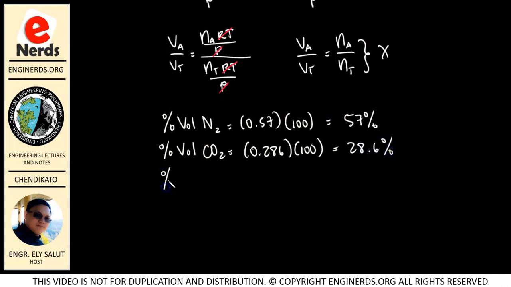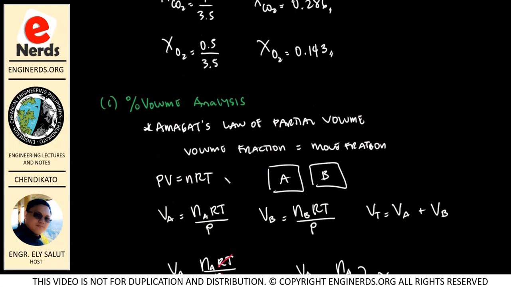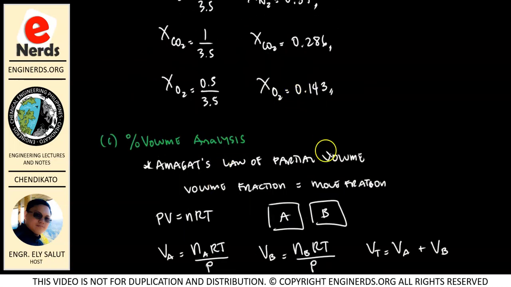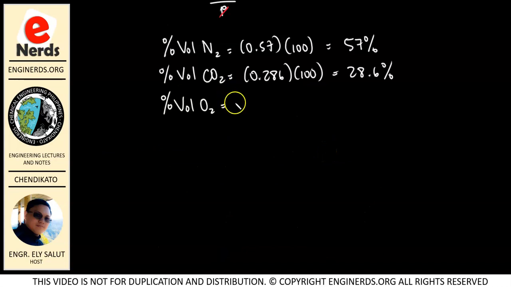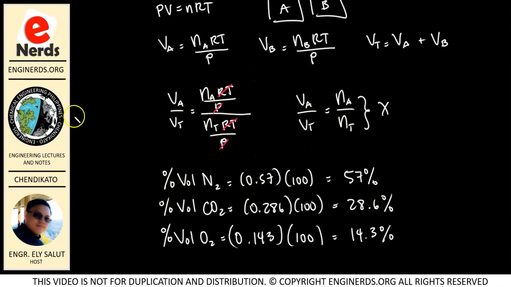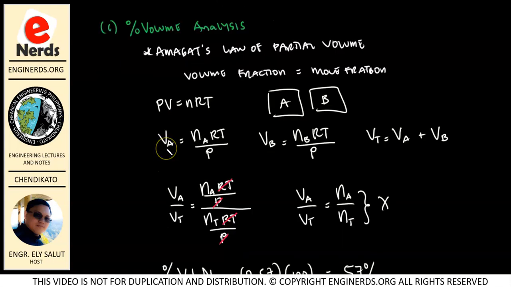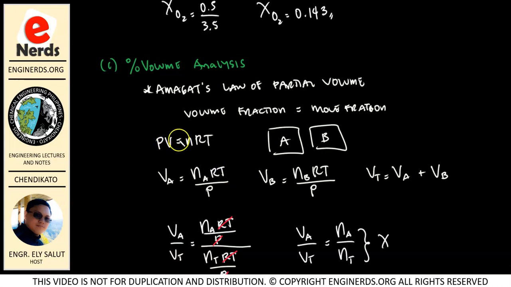And our percent volume for O2 is equal to, okay, our mole fraction is 0.143. Multiply that by 100. So, we have 14.3%. So, nakuha na natin yung volume analysis, no? Yung percent volume analysis ng ating gaseous mixture.